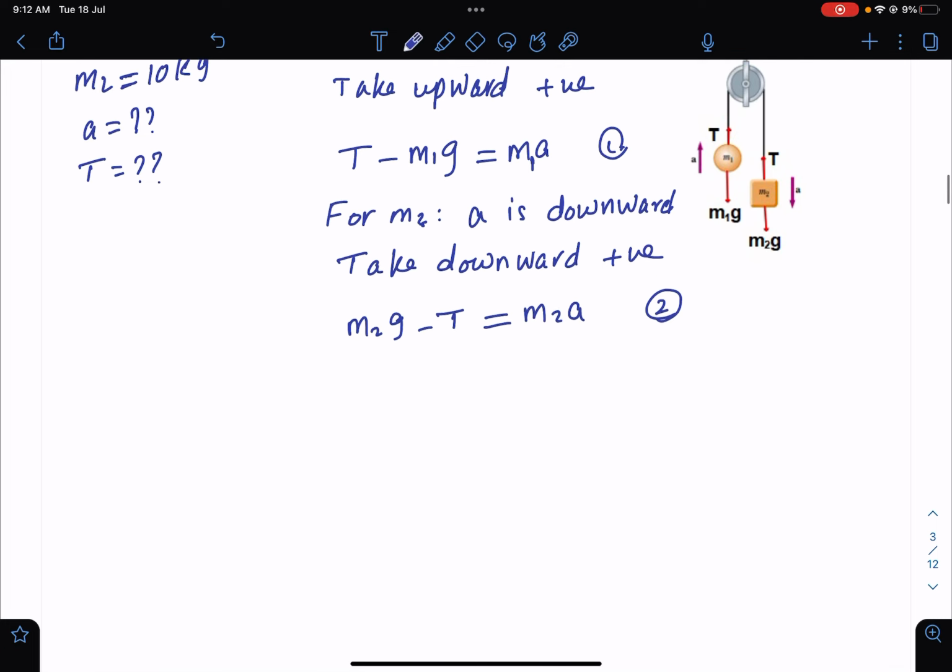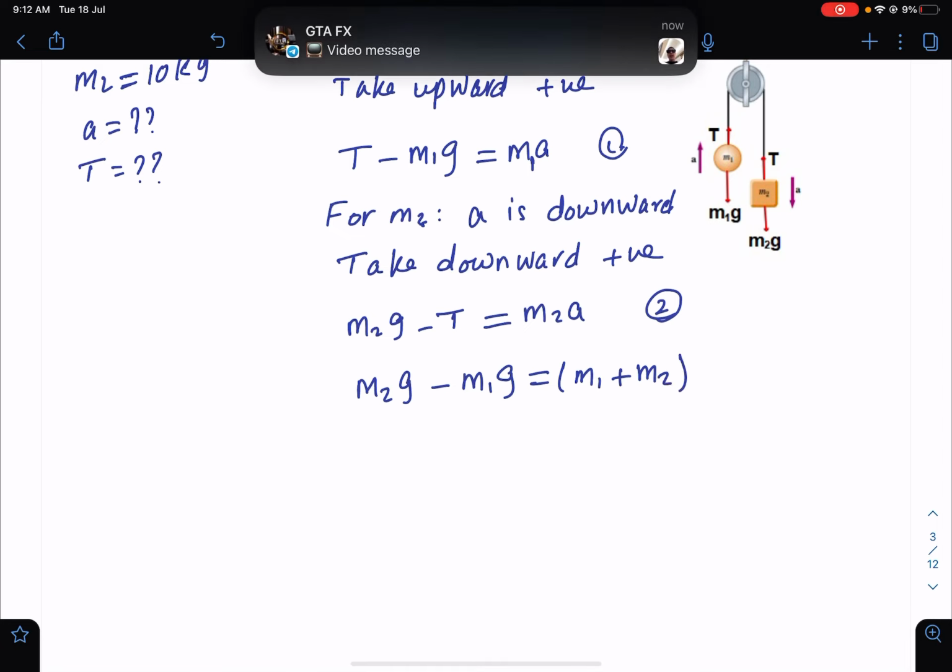So if we add equations 1 and 2, of course, T and minus T will fade away. And we're left with the driving force, which is the heavier object, M2G, minus M1G equals the summation of the masses multiplied by A. We take A as common factor for both of them.